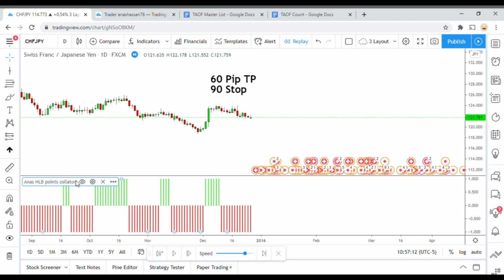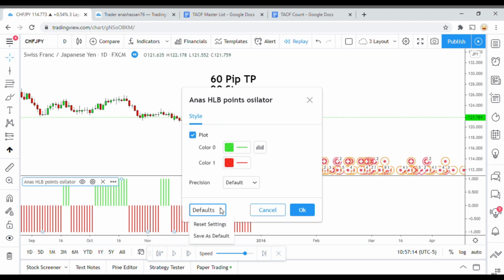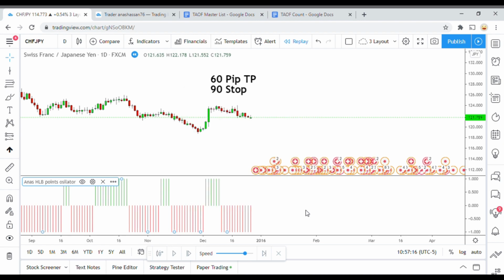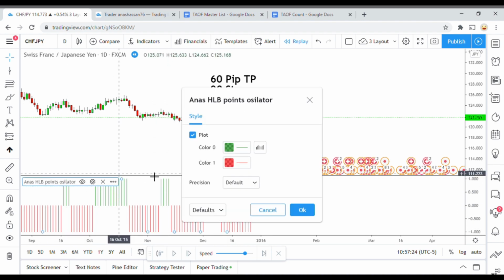It's not a whole lot to it, and I've actually changed it and tweaked it just a little bit. If I do this, you can see this is how it looked originally on my screen. And so you have these bars, green and red.